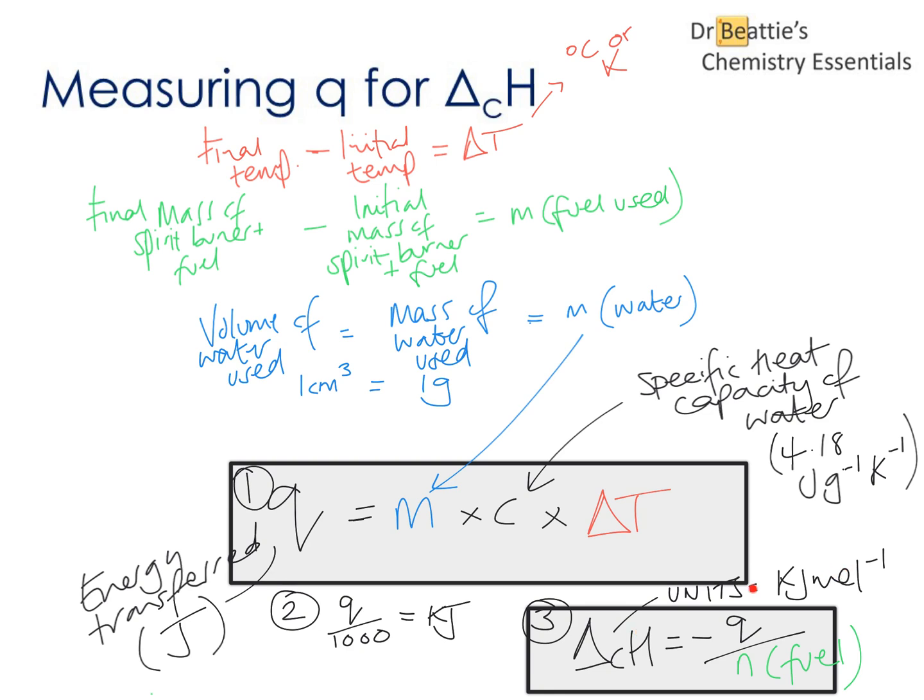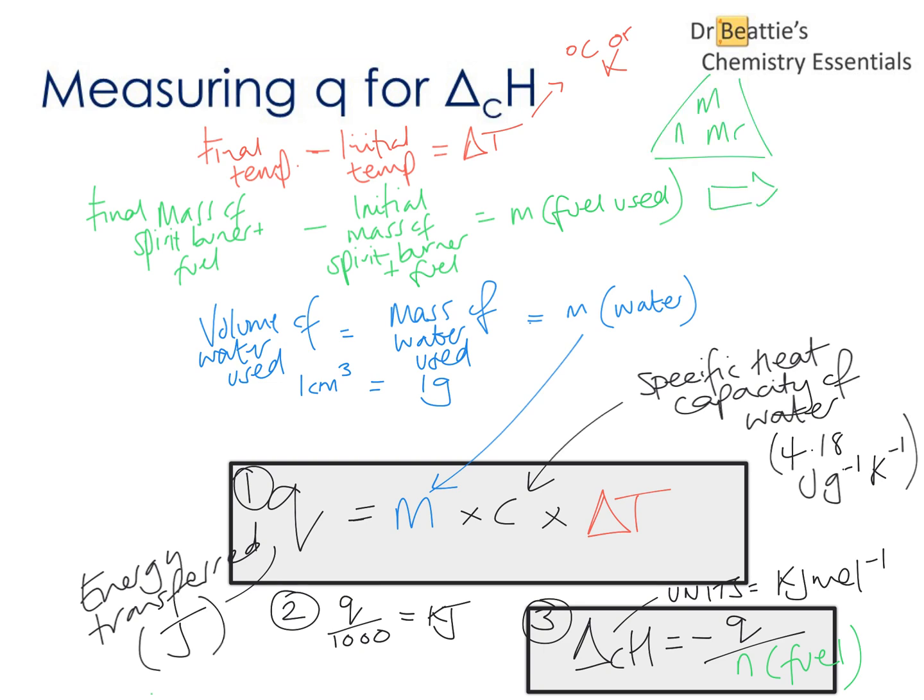And this is why we have to take the energy transferred and divide it by the number of moles that we actually used in our experiment, because we need to know the kilojoules per mole value. So to take the mass of the fuel used and make it into the number of moles of the fuel used, we need the thing that relates this together, which is the molecular mass.